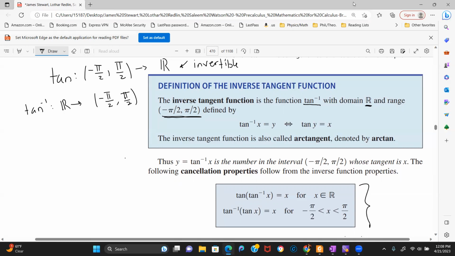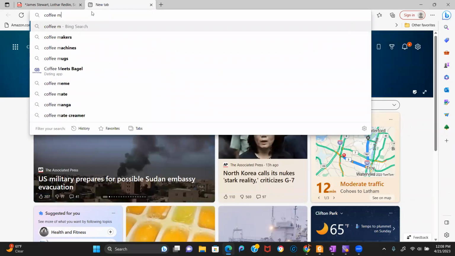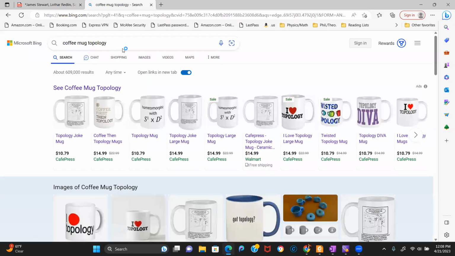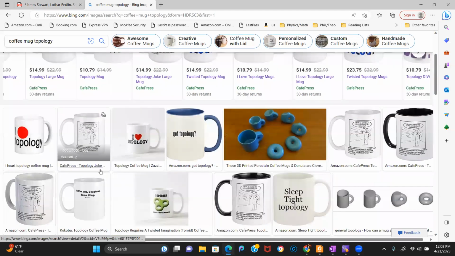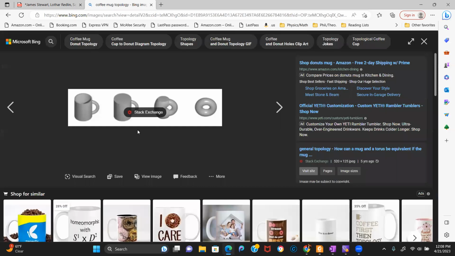Since we're talking about topology, let me pull this up. Where is this at? Let me see. Coffee mug, topology. There's another thing in topology. There's this coffee mug. So the joke is that here's this coffee mug.